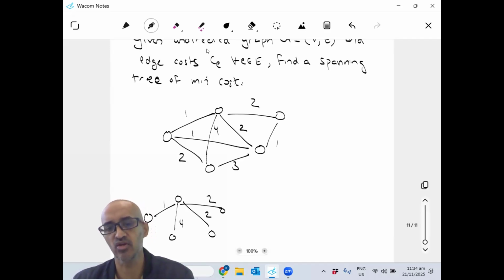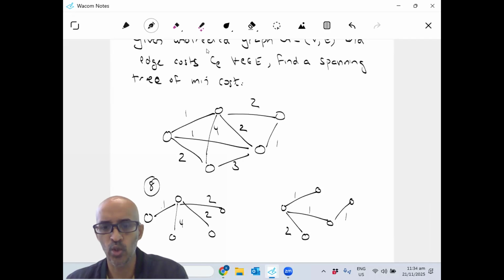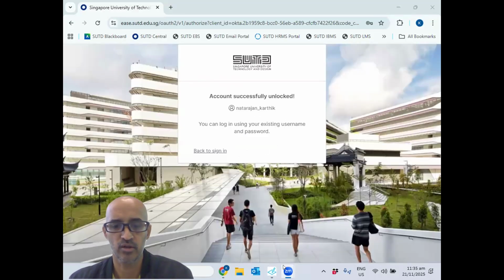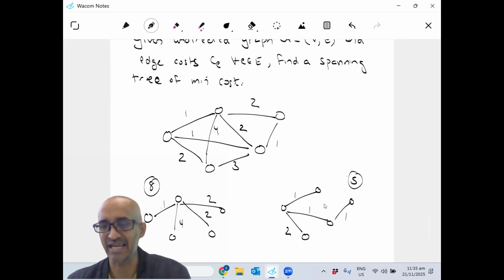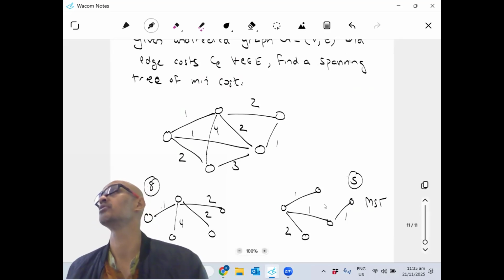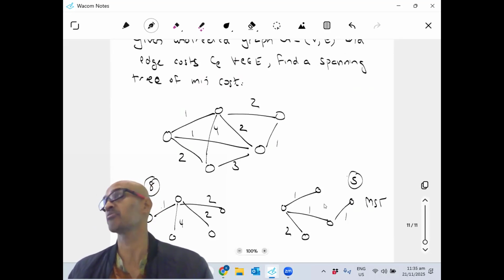The cost of this spanning tree is 4 plus 2, 6 plus 2, 8 plus 1, 9. Here's another spanning tree. I think this is the minimum spanning tree. This spanning tree has a cost of 1 plus 1, 2 plus 1, 3 plus 2, 5. And I claim this is the minimum spanning tree on this graph. You can use a greedy algorithm to solve this.